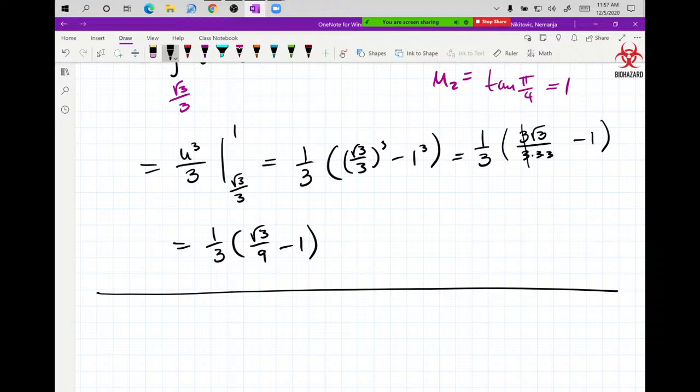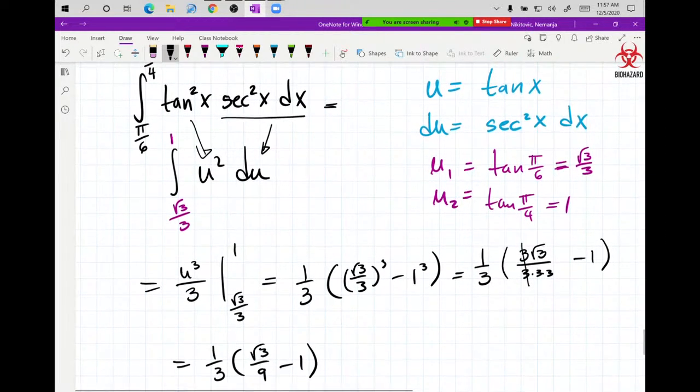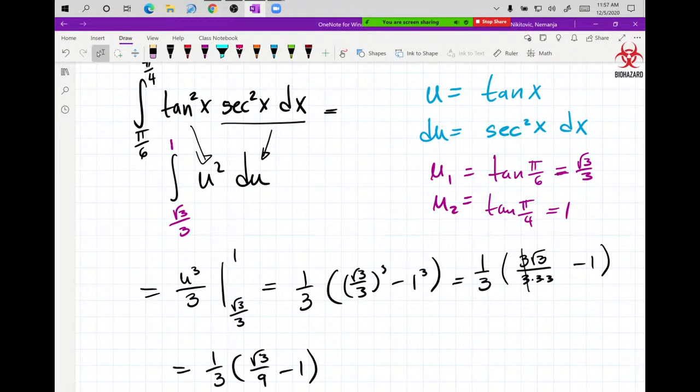Hey, Professor. Yes. I have a quick question. Just regarding that last problem, would it be possible to get the same answer if we were to try to simplify the original function? So let's say I changed each identity of tangent squared and then secant squared x, and then ended up with sine squared x over cosine squared x times 1 over cosine squared x, and then combine them and go from there.